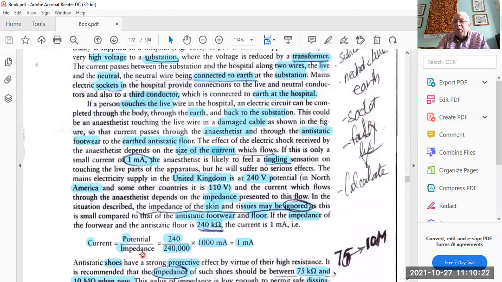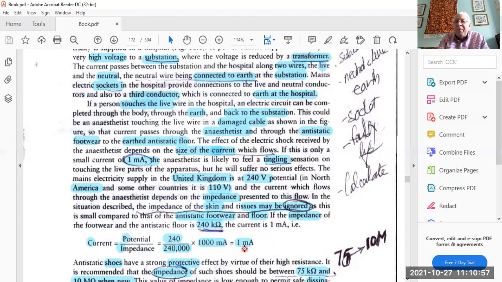For instance, the potential, which is the volt, is around 240 volts, and the impedance, which is the resistance but is correlated to the frequency, as we said before, is also 240, but 240 megaohms, so that we must multiply by 1,000 to get a proper figure corresponding to the volt. The final figure we multiply by 1,000 to get the figure in milliampere.